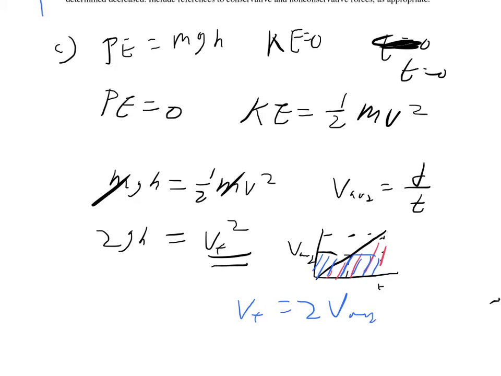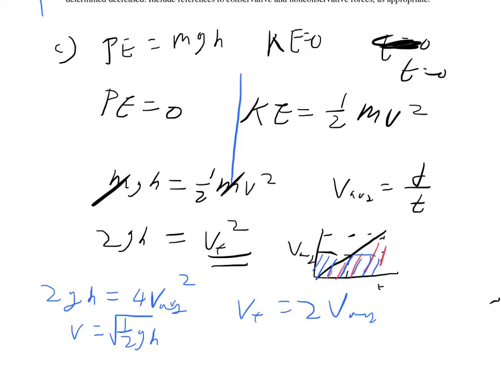So now we get 2gh equals 4 v average squared. And then if we reorganize it, it's going to be v equals root half gh.